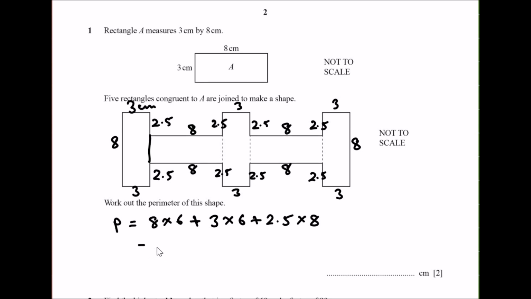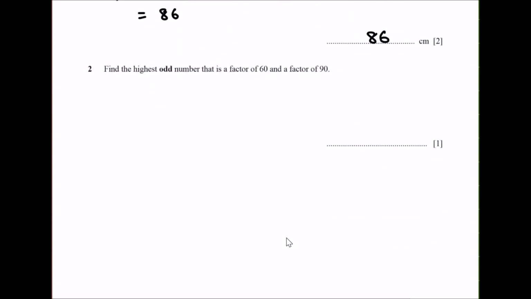And if you add all this together by multiplying, we will get 86. So answer is 86 centimeter. So this is how we are supposed to do this question. Okay. Now let's go to the next question.